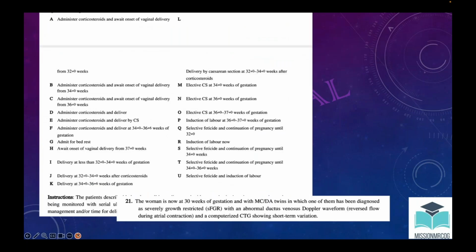Okay. MCDA twin is now diagnosed with severe growth restriction with abnormal ductus venosus, and computerized CTG shows short-term variation. Option E, administer corticosteroids and neuroprotection with magnesium sulphate.